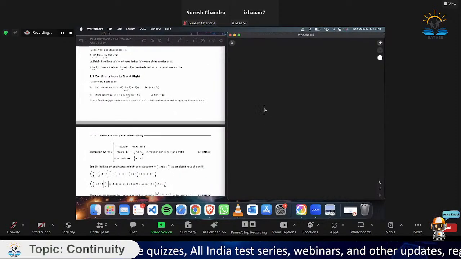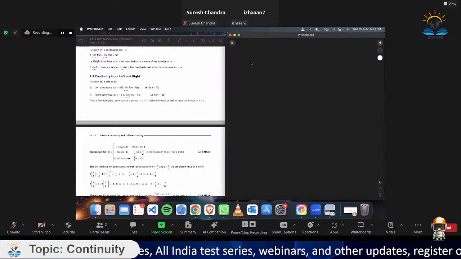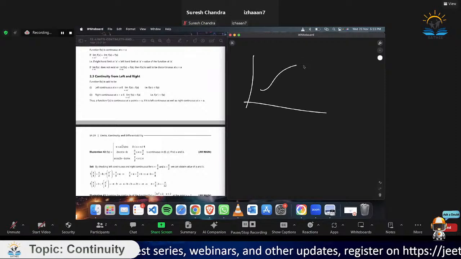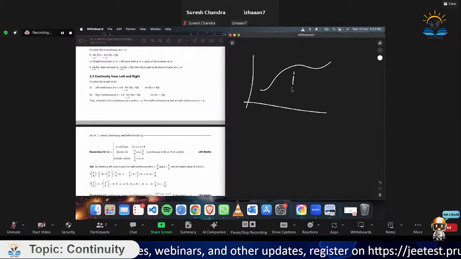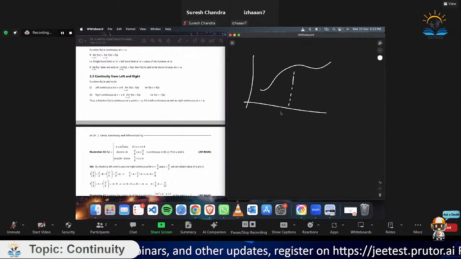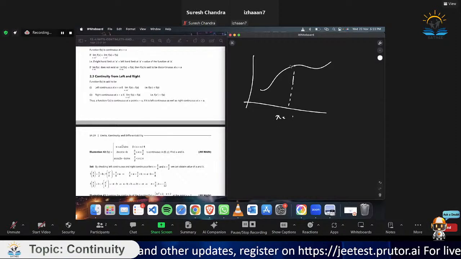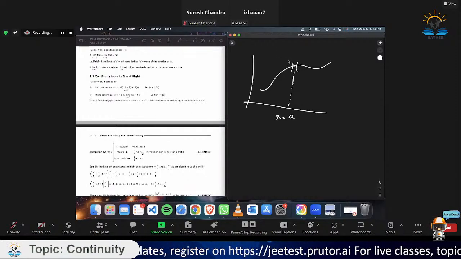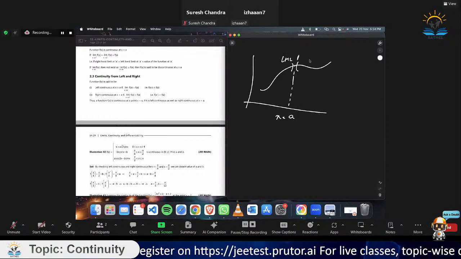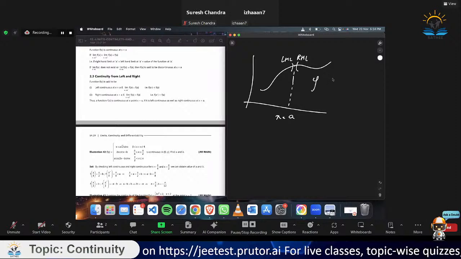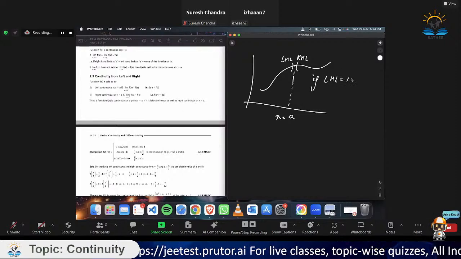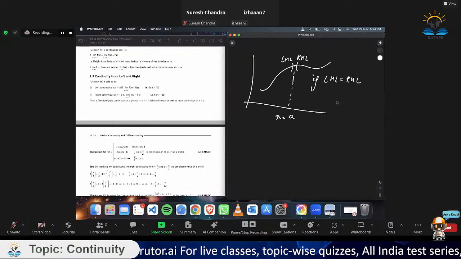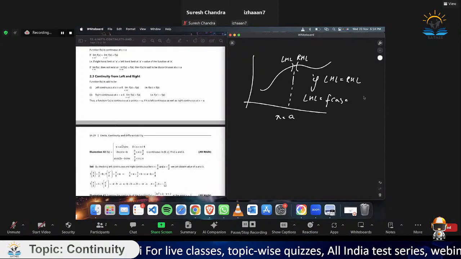Okay. So कल भी मैंने बताया था by sandwich theorem that say this is the graph, this is A, yeah, this is x is equals to A. This is the left hand limit, this is the right hand limit, LHL and RHL. If LHL is equals to RHL, that means the value for the function LHL should be equal to f at A is equals to RHL, right?